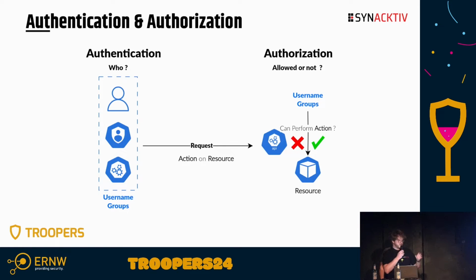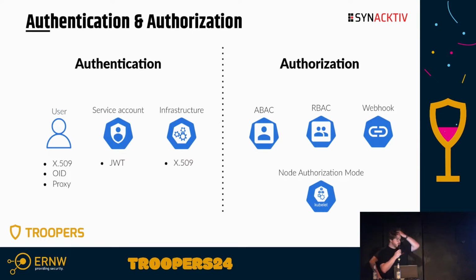This identity will be extracted as a username and a list of groups that will be used by the authorization part to resolve whether or not you can perform the action. You can implement these two mechanisms in different ways.